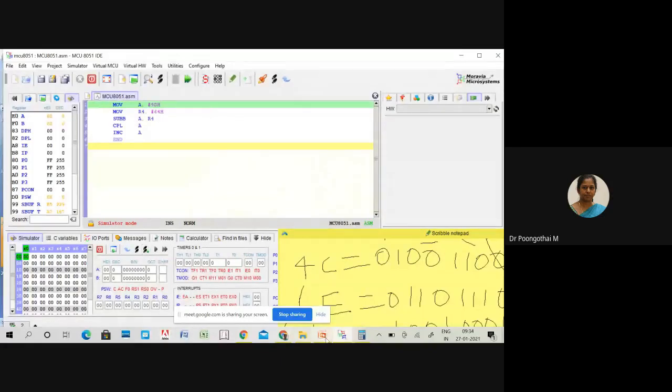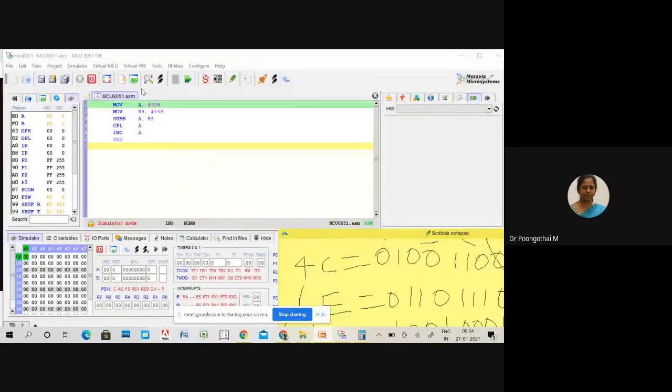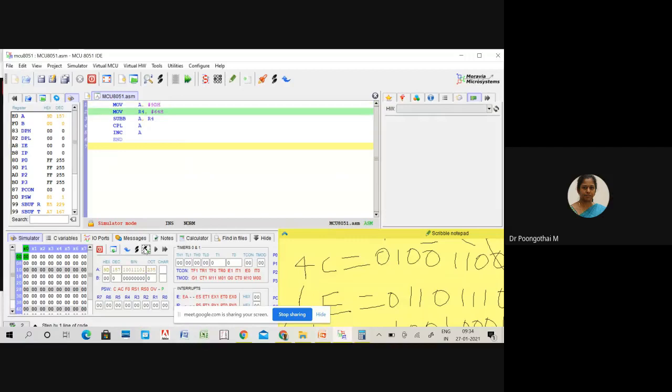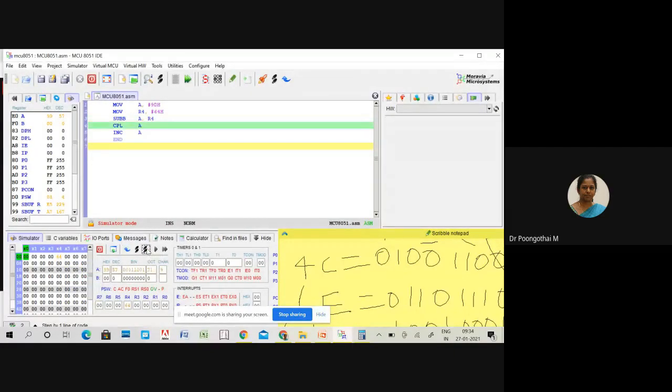So 9D is loaded into accumulator, 64 is loaded into R4. Please look here, your X4 holds R4. X4 is nothing but your R4 of bank 0. And subtracting R4 from A, the answer is 39.